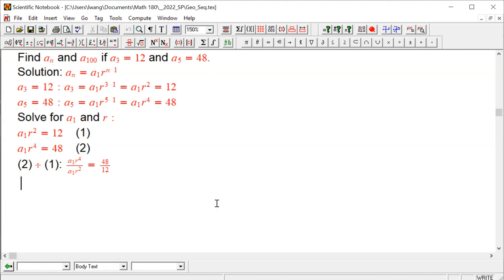What we get on the left-hand side is r squared, and the right-hand side is 4. Then we take the square root on both sides. The square root of 4 is 2.